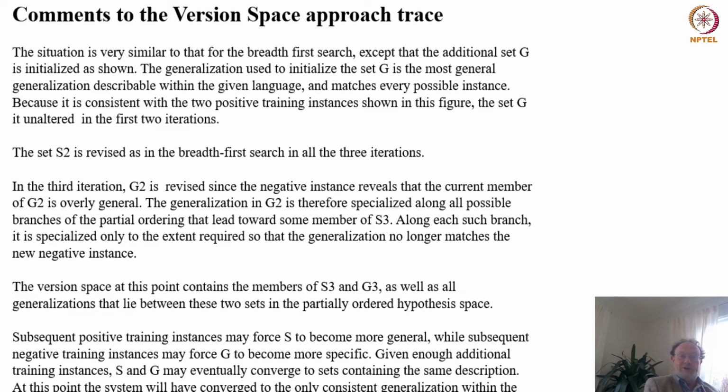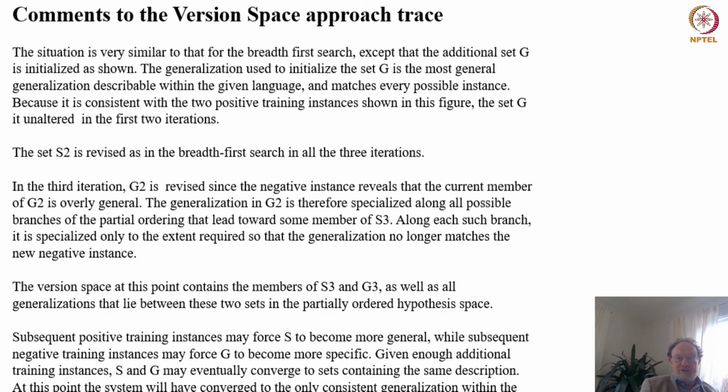Because it's consistent with the 2 positive training examples shown in this figure, G is unaltered in the first 2 iterations. As also already said, the set S is revised as in the breadth first search in all the 3 iterations. So the difference here is that in the 3rd iteration, G2 is revised, since the negative instance reveals that the current member of G2 is overgeneral.